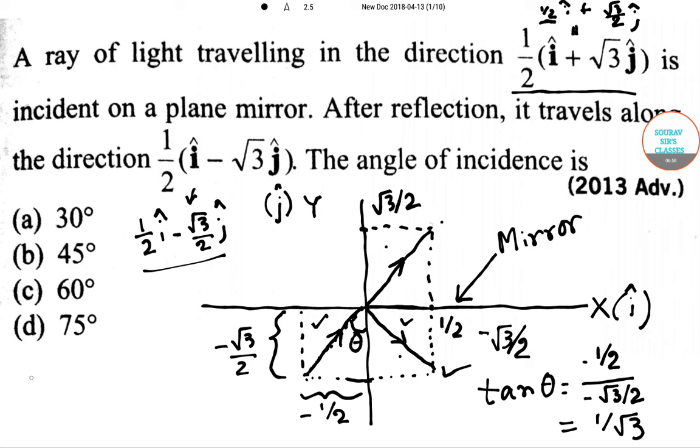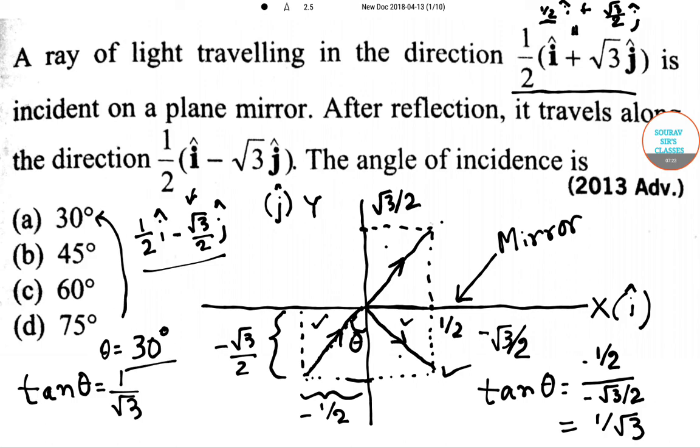So we get that tan theta is equal to 1 by root 3. So theta is equal to 30 degree. Hence option A is the solution of this problem.